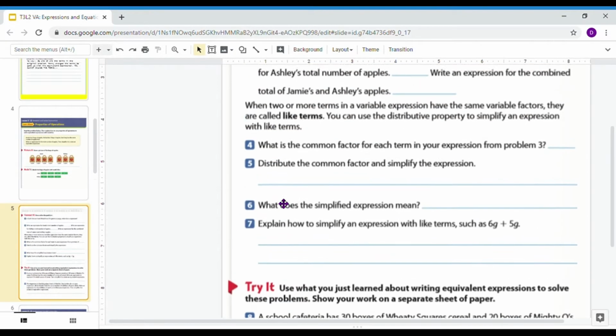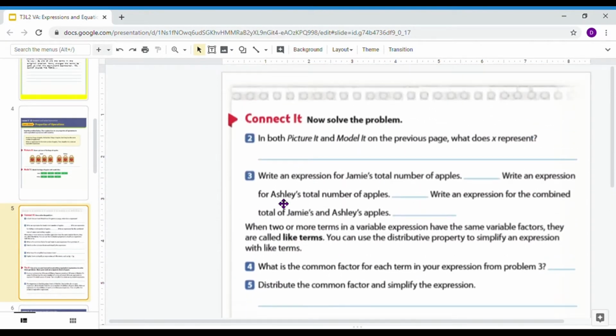Reminder, I can't show you 2 pages at a time, so it's really important that you are looking at the previous page as we go over the Connect It on page 113.